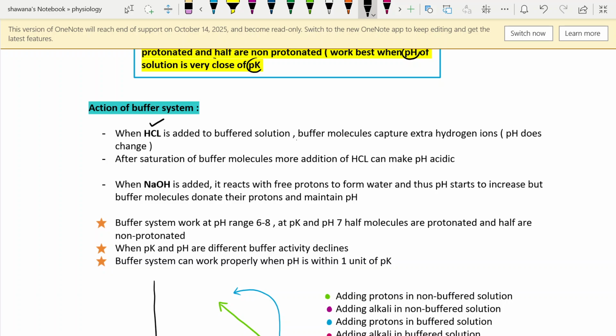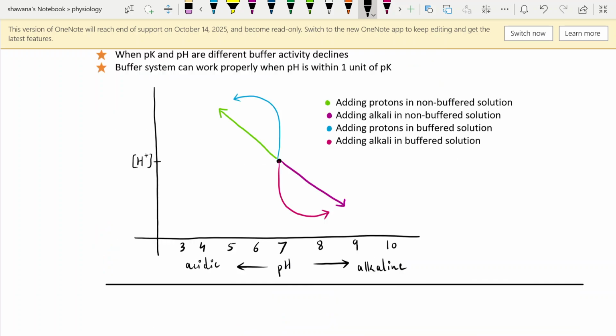Okay, it's the graphical representation. So let's see what is happening. The green line shows that when protons are added to a non-buffered solution, it will cause an extreme and very erratic change in the pH, and pH starts to change very rapidly.